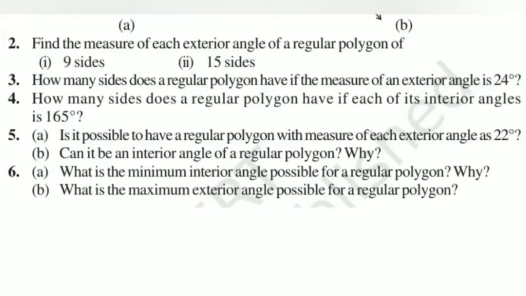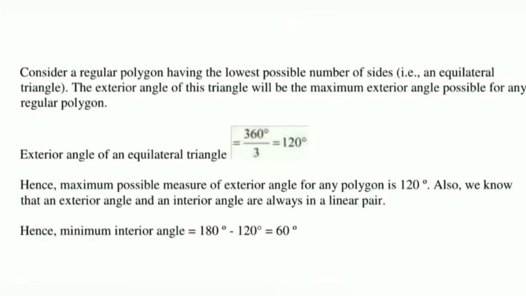First one is, what is the minimum interior angle possible for a regular polygon? So, consider a regular polygon having the lowest possible number of sides. The exterior angle of this triangle will be maximum exterior angle possible for any regular polygon.